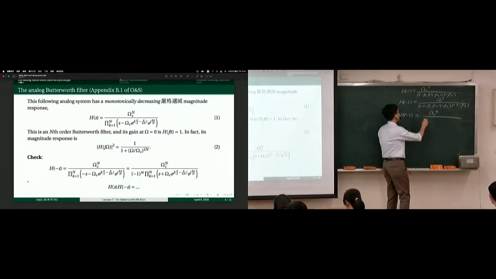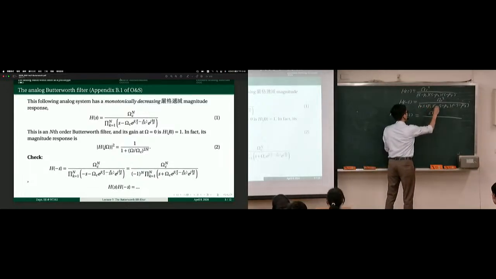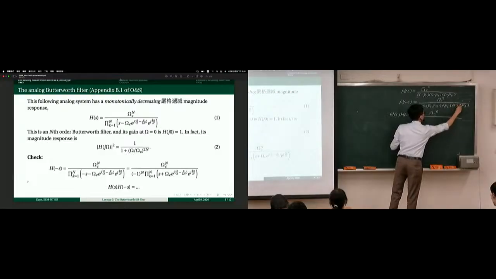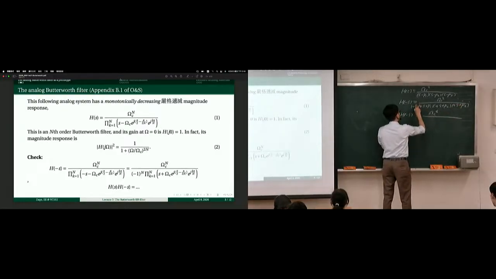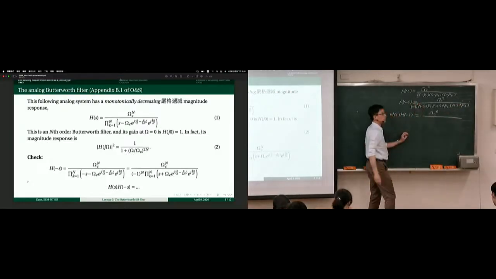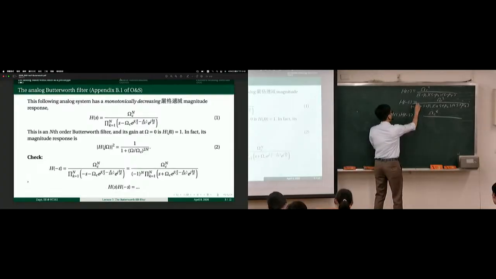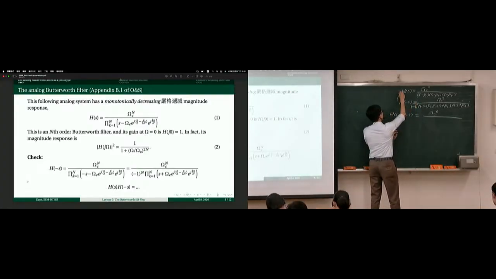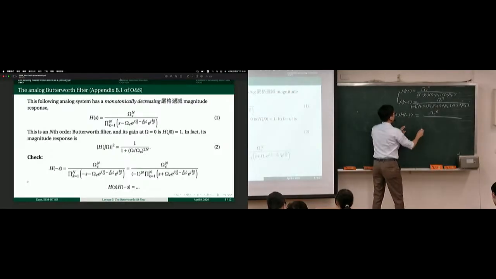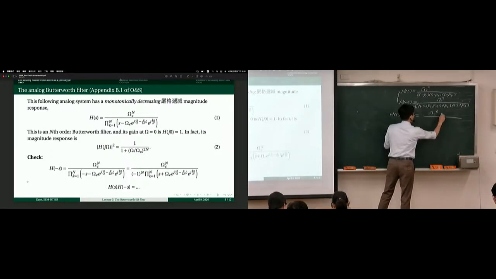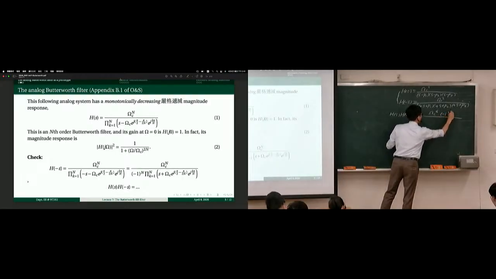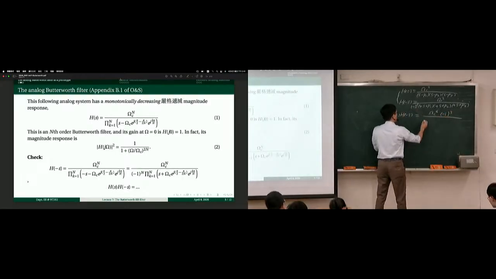So plus, plus, plus, with (-1) to the 3rd power. Now if we multiply the first expression with the second expression, we have (-1) to the 3rd power. Don't forget that.